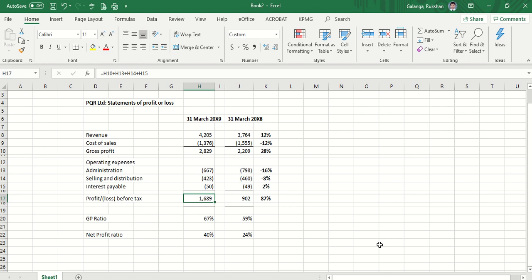Profit has increased by 87%, but revenue has increased only 12%. You can see the director saying that this company is facing a challenging situation. So in a challenging situation, can you expect a profit increment of 87%? That is a questionable area. So you have to consider this, right?